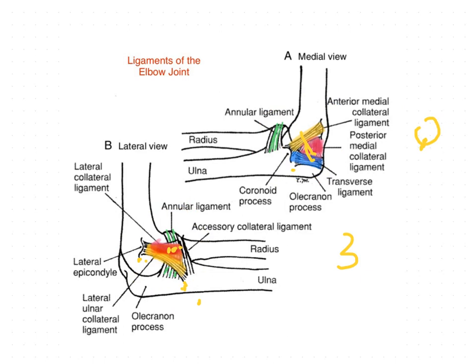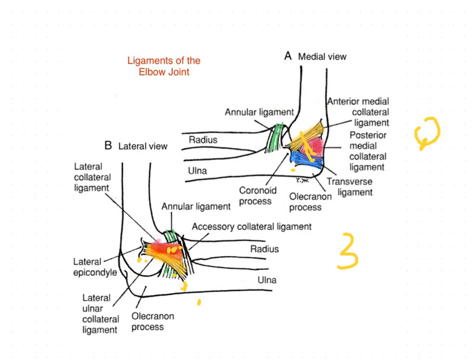Okay, and this lateral ulnar collateral ligament, though it is not a major restraint, also contributes to posterolateral stability by securing the ulna to the humerus. So it gives posterolateral stability, and it also provides support to the annular ligament.